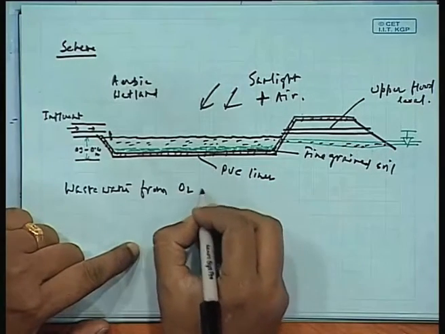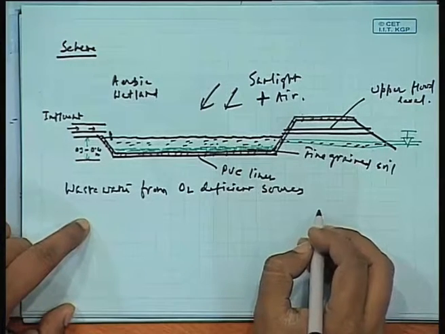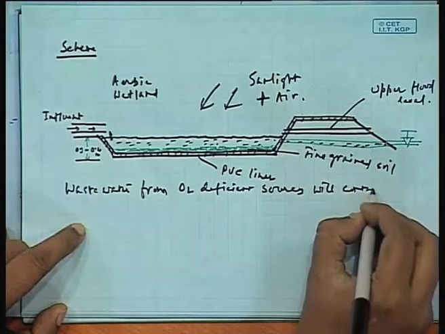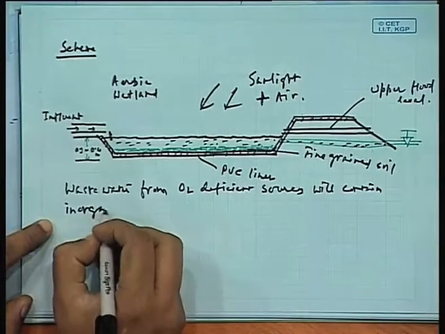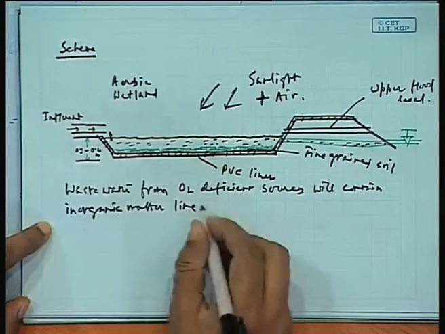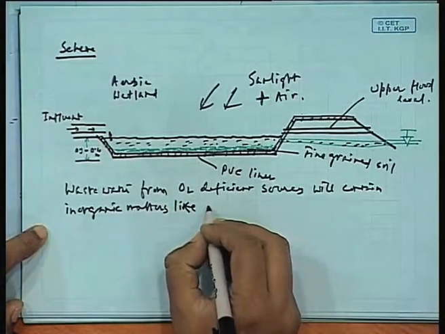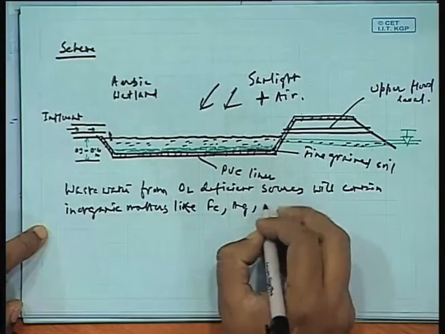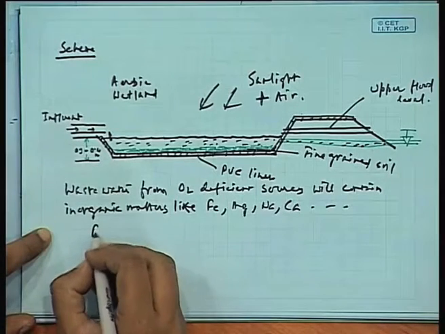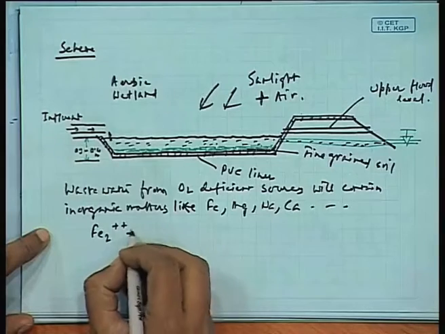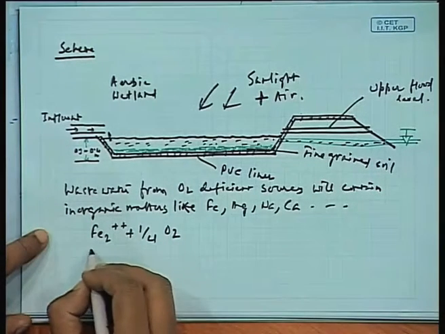Wastewater from oxygen deficient sources will contain inorganic matter like iron, manganese, sodium, calcium, etc., in a fashion which can be characterized by this reaction, which is Fe2+, this one is 1/4.